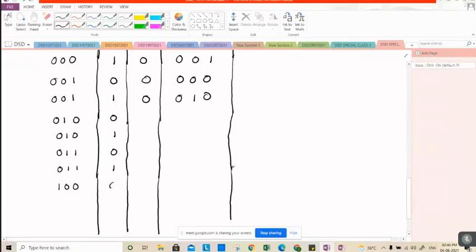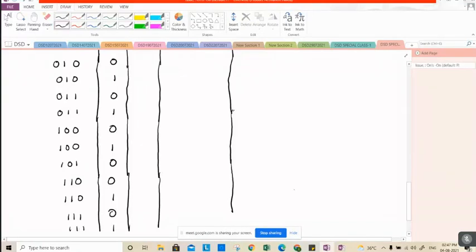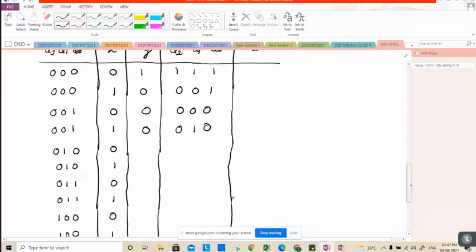Then 1, 0, 0 with 0, and 1, 0, 0 with 1. 1, 0, 1 with 0. 1, 1, 0 with 0, and 1, 1, 0 with 1. Triple 1 with 0, and triple 1 with 1. You will be getting 16 conditions.